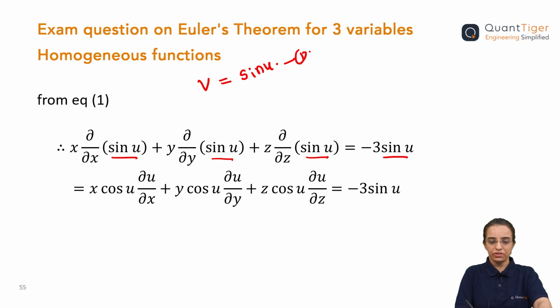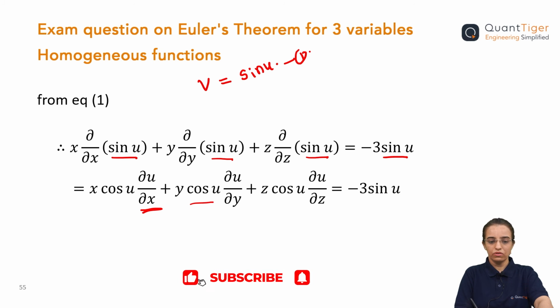Now I have to take the partial differentiation of sin u with respect to x, y and z respectively. We know that the partial differentiation of sin u will be exactly like a regular differentiation, which gives cos u, and since we are differentiating with respect to x, del u by del x will come over here.